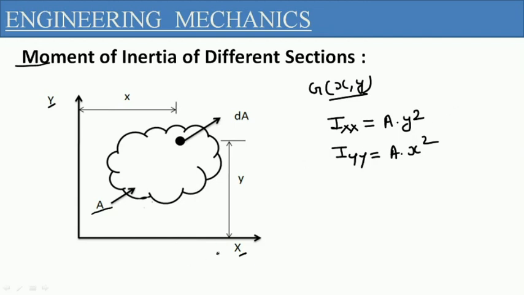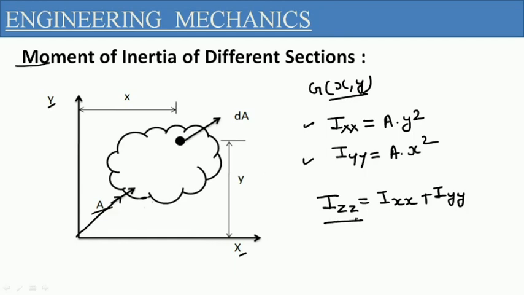So with respect to the two axes, x and y axis, we can define this Ixx and Iyy, representing the moment of inertia. And according to the perpendicular axis theorem, we know this particular equation: Izz equals Ixx plus Iyy. Here this Izz is representing the moment of inertia about the third axis, that is z-axis, and this axis should be perpendicular to x-axis and y-axis, and also perpendicular to this plane lamina.